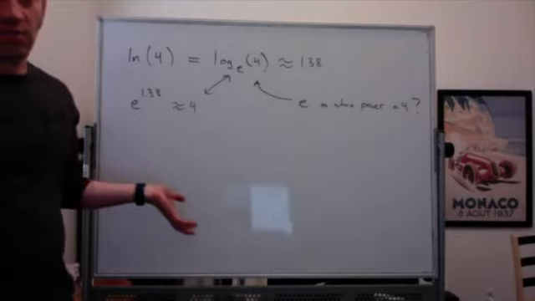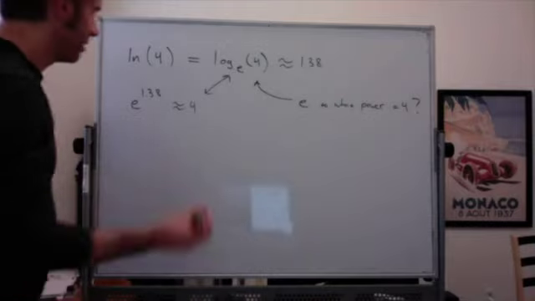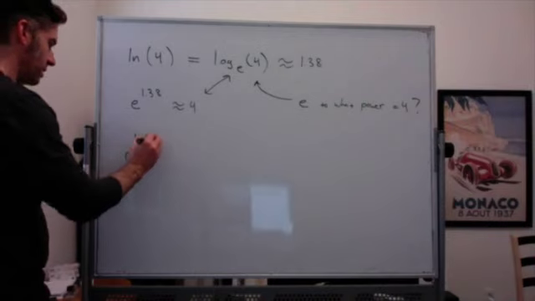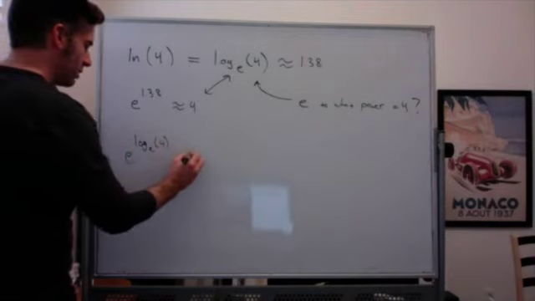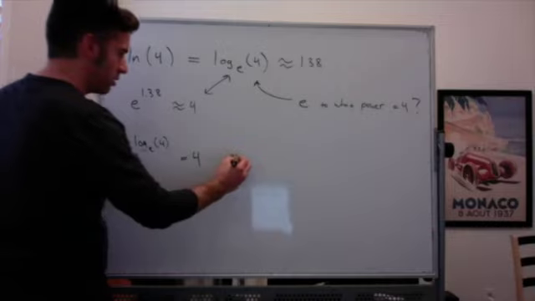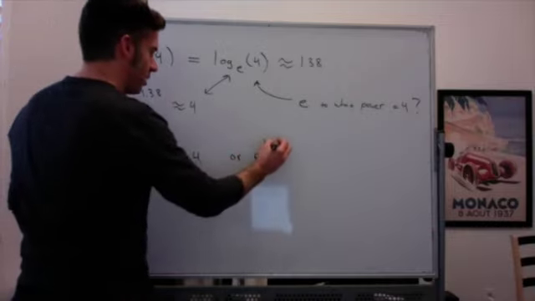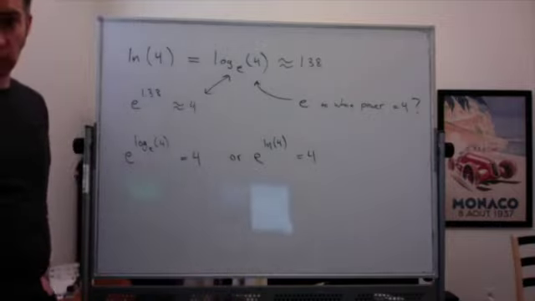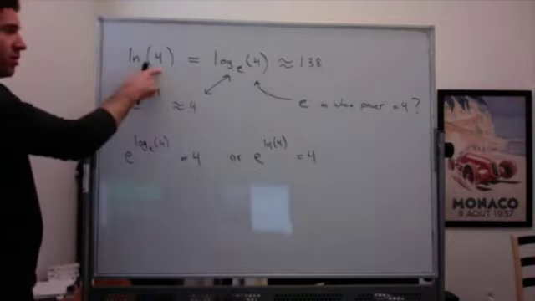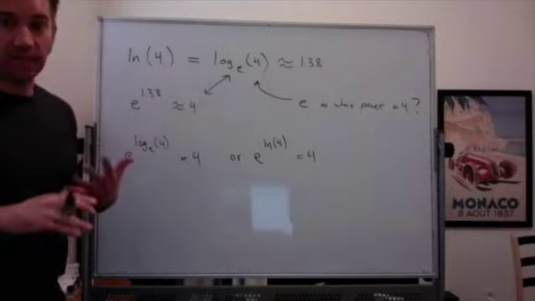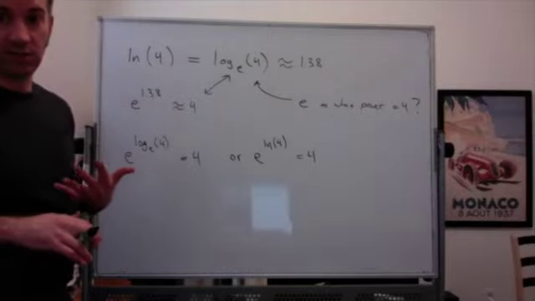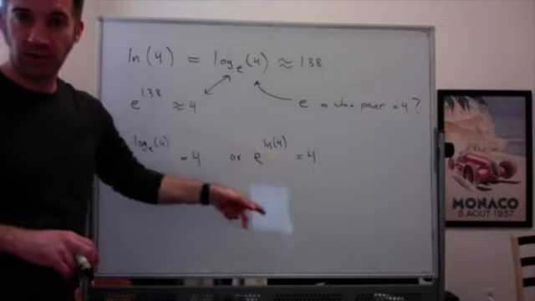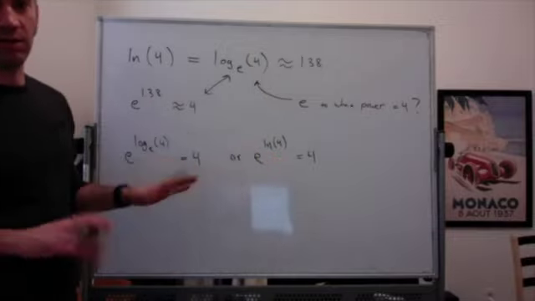But really, what we could actually write is that e to the log base e of 4 is equal to 4. Or e to the natural log of 4 is equal to 4. Right? That is actually what's true. Because natural log of 4 is the power you raise e to get 4, e to that power should equal 4. We'll circle back around to this in a minute. But I just wanted to point it out.